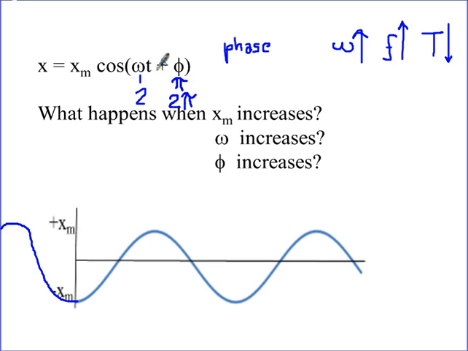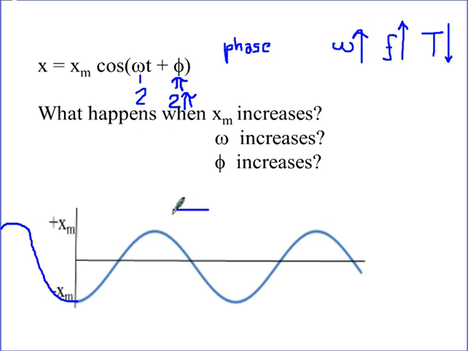The other analysis you can do here, instead of looking at what it's like at time 0, would be to say, okay, to complete the first cycle, if we make this bigger, then this whole expression is going to get to 2 pi sooner, and less time will pass before it gets there.